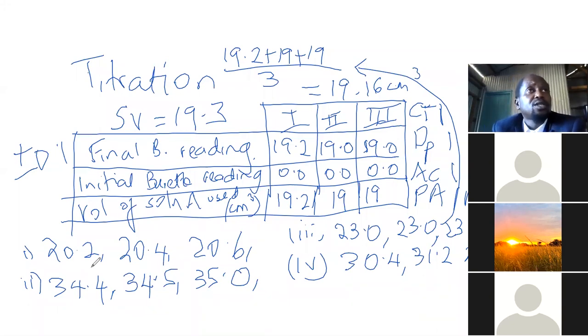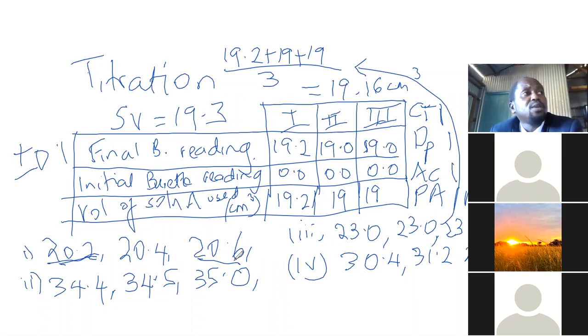The reason is because out of the 3, there are 2 values, 20.2 and 20.6, whose difference is exceeding 0.2. And therefore, you cannot average the 3. You are supposed to choose 2 and average them. That is, add 2 and divide by 2. So you can choose 20.2 plus 20.4 divide by 2, you get 20.3.